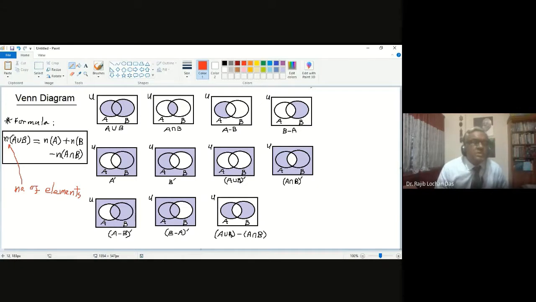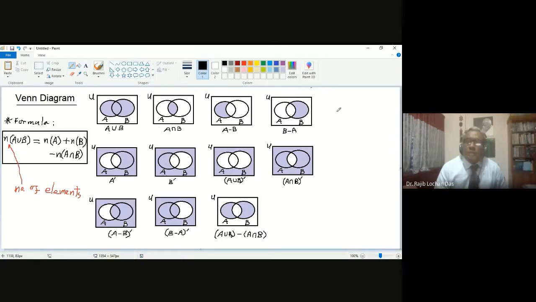Number of elements in A union B is equal to number of elements in A plus number of elements in B, then minus number of elements in A intersection B.